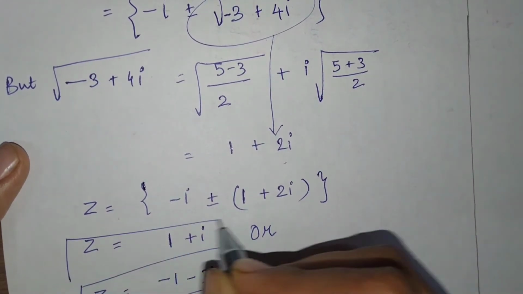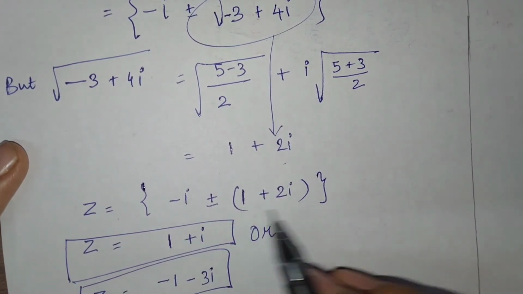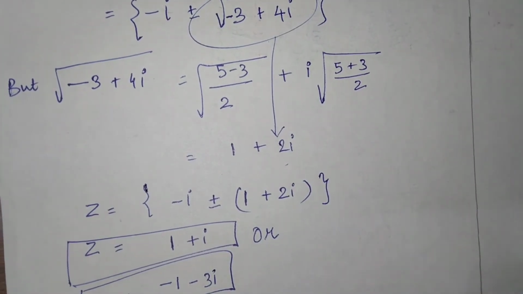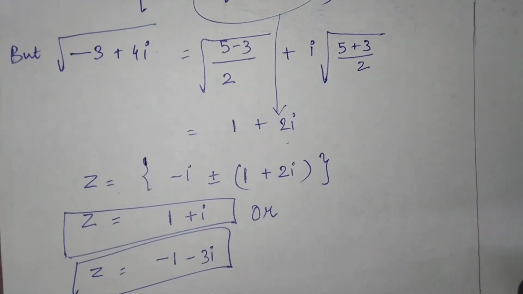Okay, this value will come when we solve this. Okay, so in this way you have to find the roots of the equation. If it is in the form of minus b plus or minus root of b square minus 4ac, then it will be like this, and at last you will get 2 roots.